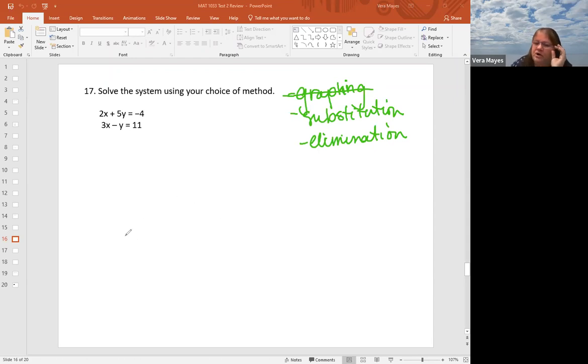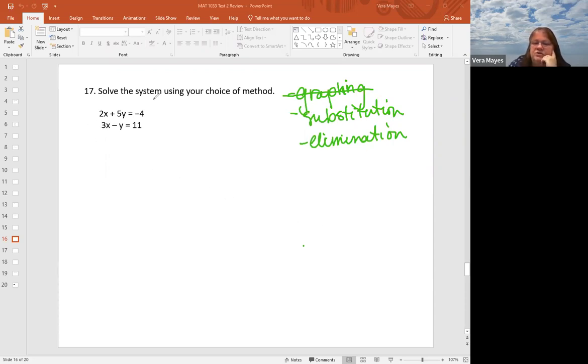If the equations are both y equals this and y equals this, and it's already clean and easy to do, yeah, graphing is a good method, but that's not usually how they give them to us. So we're either going to use substitution or elimination. Substitution is a good choice if you can easily get one of the variables by itself and don't create fractions. Elimination works no matter what the numbers are, if they're positive, negative, fractions, whatever.